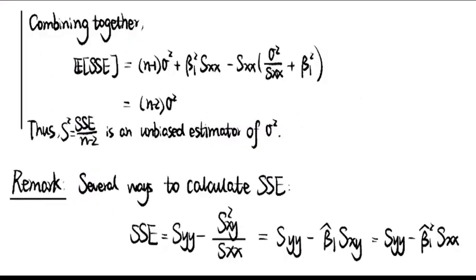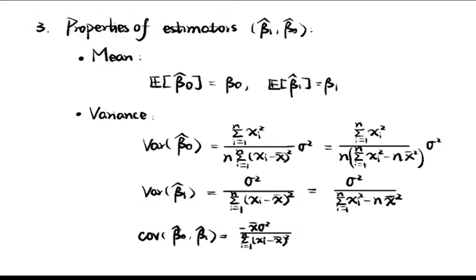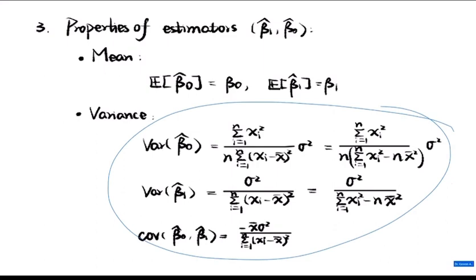The summary, the takeaway from what we've done today, is to walk you through how to derive the variance of beta 0 cap, how to derive the variance of beta 1 cap, and how to derive the covariance between beta 0 cap and beta 1 cap, because we want to investigate whether they are independent or not.